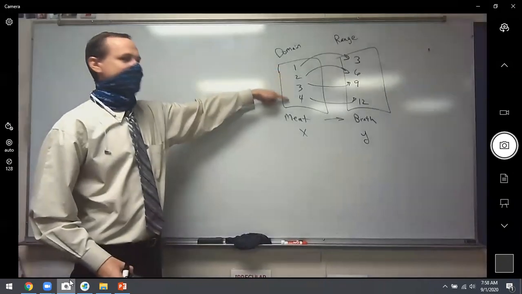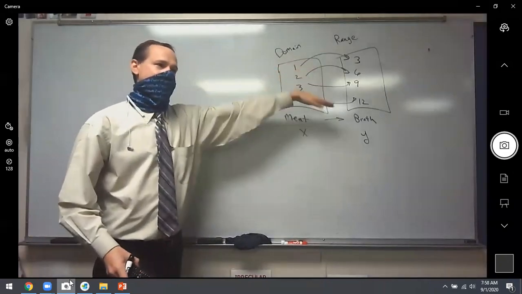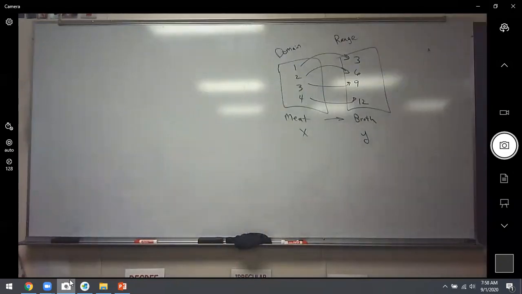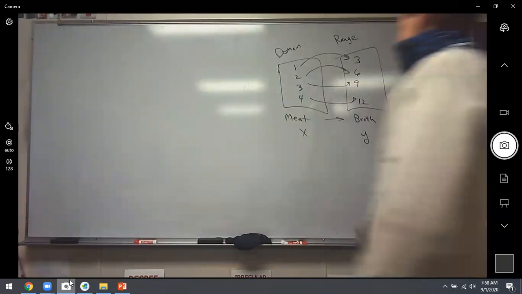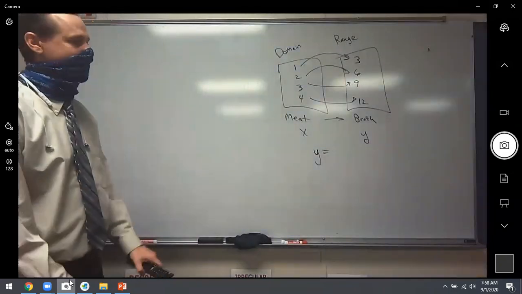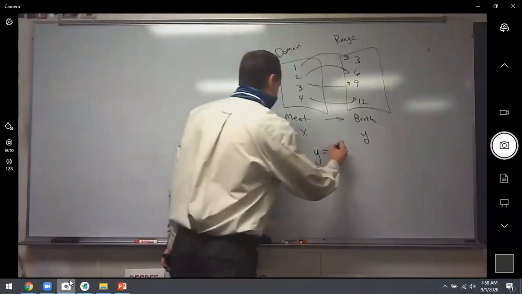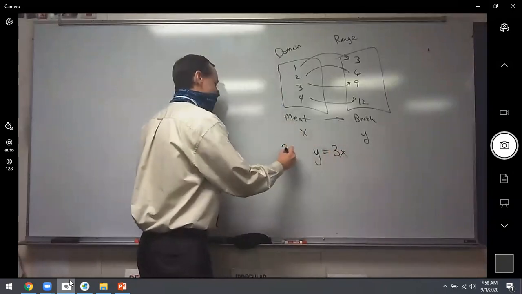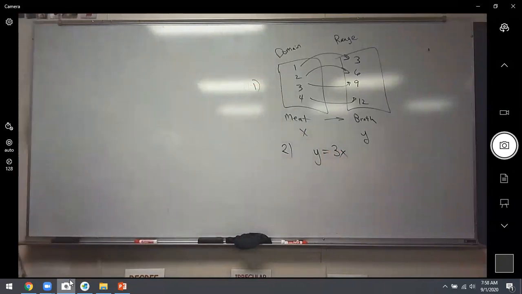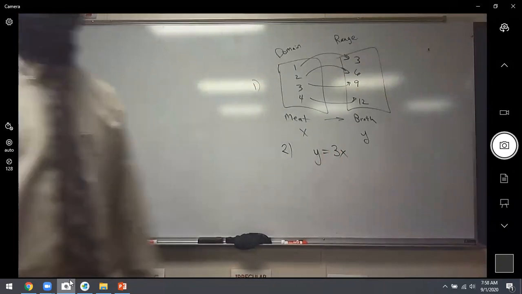When I gave you an x, what did you do to it to get the y? You multiplied it by 3, right? So the answer for this one is y equals 3 times x. That's all there is. Nice and easy. Straightforward, if you take the time to read it and see what they're even talking about.